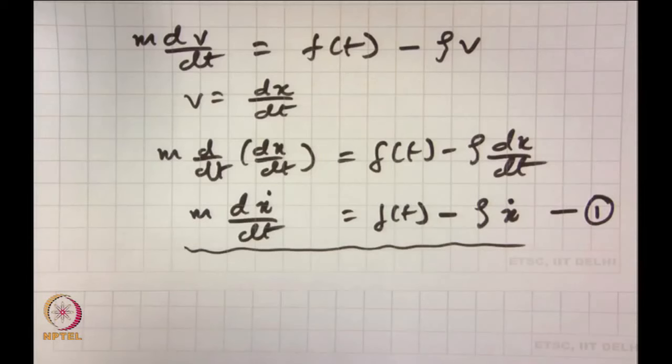Now, remember we are talking about displacement which is x, not x dot, because x dot is the rate of change of displacement. So, what I do is I take this equation and multiply it throughout by x.